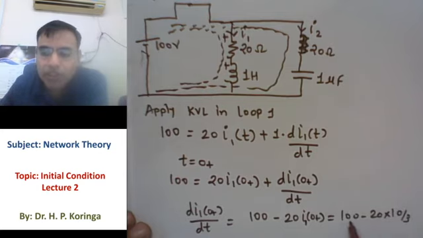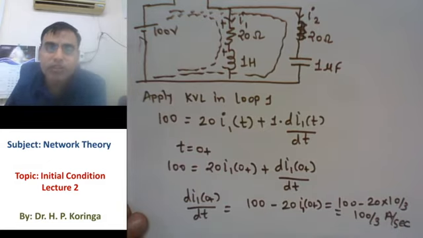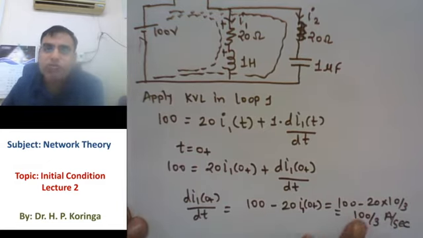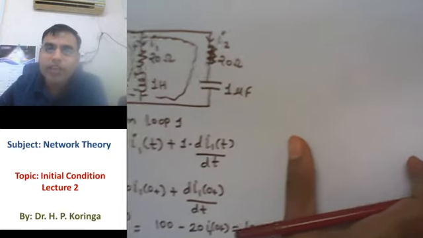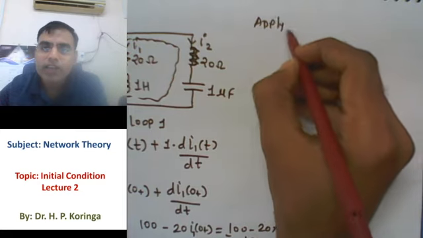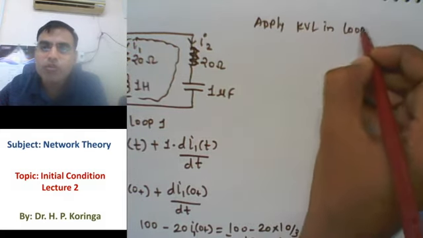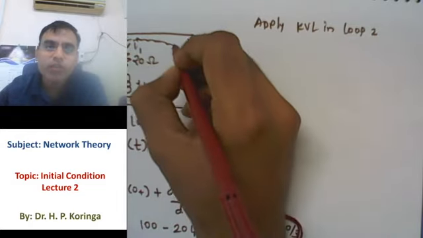So it is 300 minus 200, so it is 100 divided by 3 ampere per second. Now to find I2, let's apply KVL in loop 2, right? This is our loop 2.